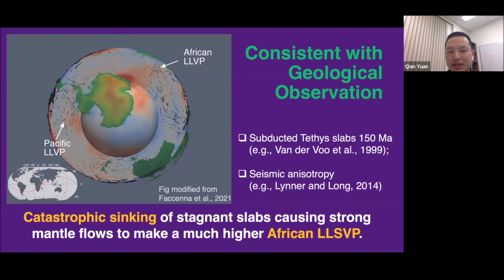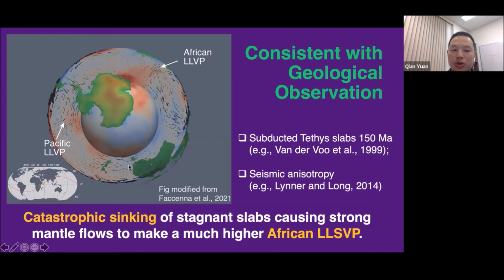The reason, we can think, is that from our geodynamic model, you need 17 million years to push the nearby pile to a very great height. There is some geological and seismic evidence suggesting the subducted slabs have already reached the core-mantle boundary since about 150 million years ago. So they have had enough time to push the African LLSVP to a great height.